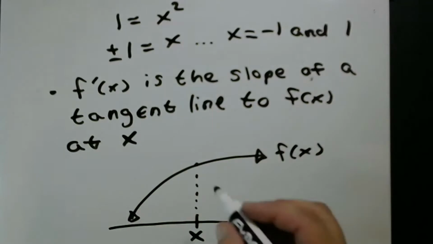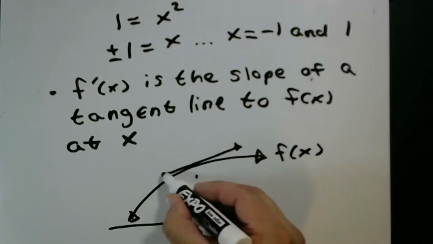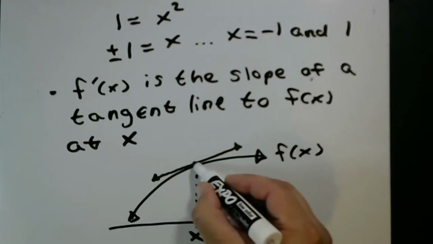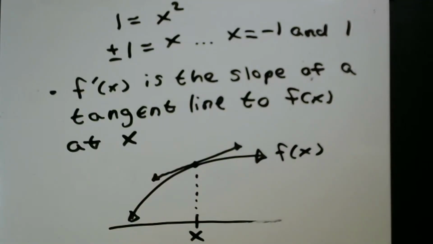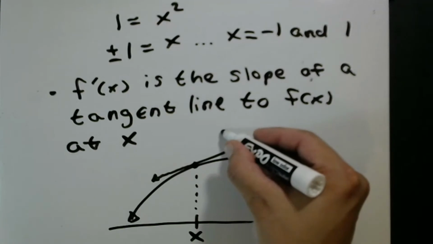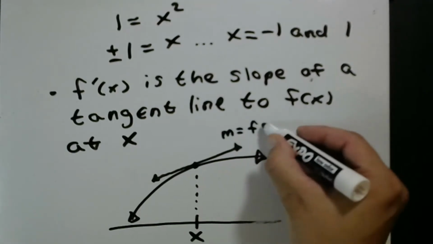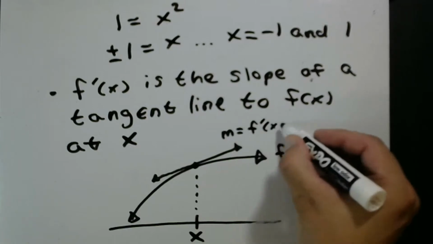Here's some value x here. And then there's a line that's tangent. That means it contacts f of x at one point. And the derivative is the slope of this tangent line.